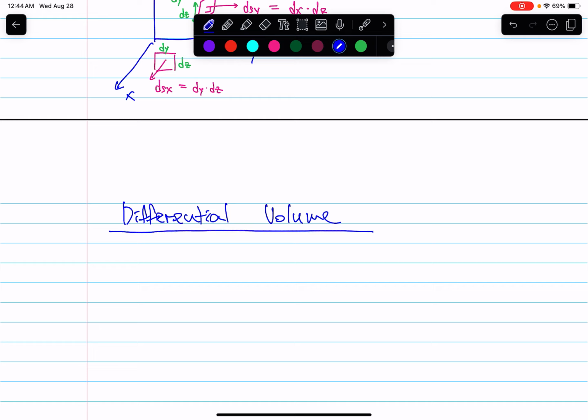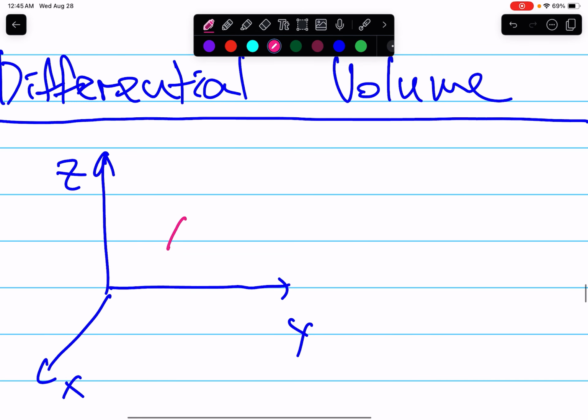So differential volume is basically, again, XYZ coordinates. It is a tiny cube that has a volume, a tiny volume dV.